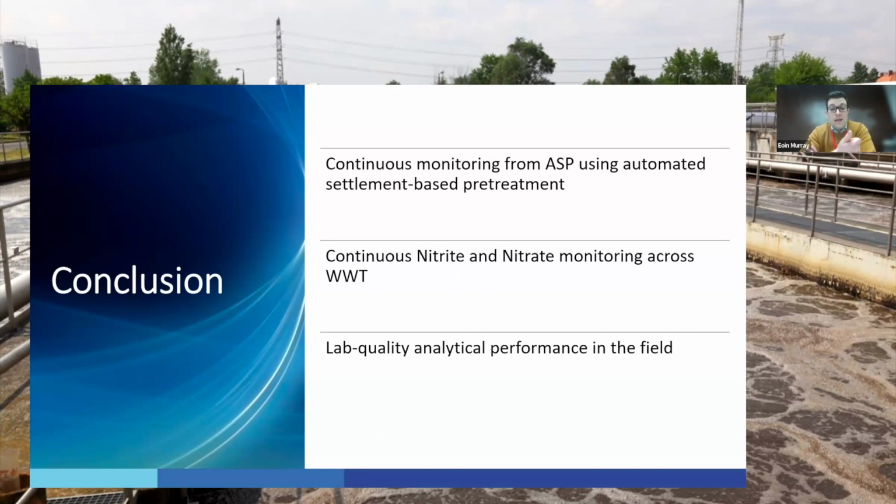Now we can enable continuous nitrite and nitrate data, which is accurate across the entire wastewater treatment cycle. So there's a whole range of different applications, but also value that we can deliver across the entire wastewater treatment cycle. And of course, lab quality and analytical performance is what we aim for within the field through the use of our analyzers.